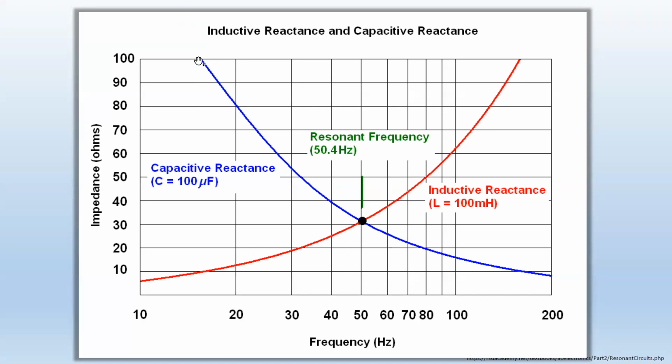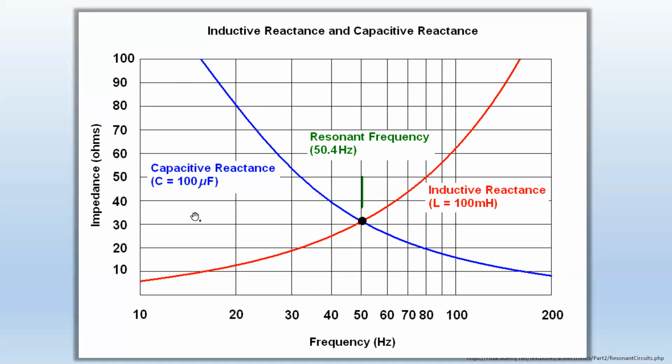When the frequency is low, the capacitor resists more because the capacitor, as the opposite to the coil, loves change. And as you increase the frequency, the capacitor is going to like you more, and it's going to start resisting less and less and less.